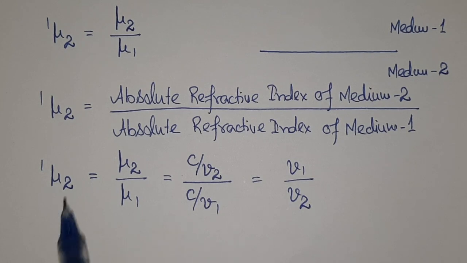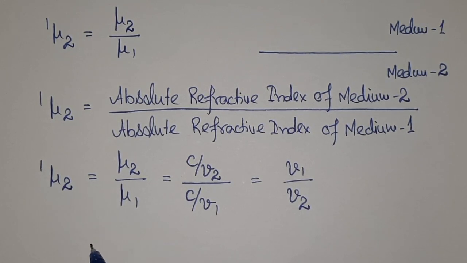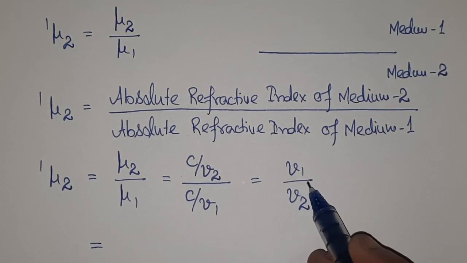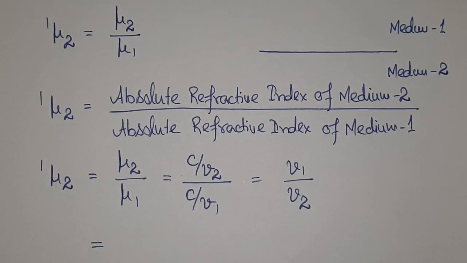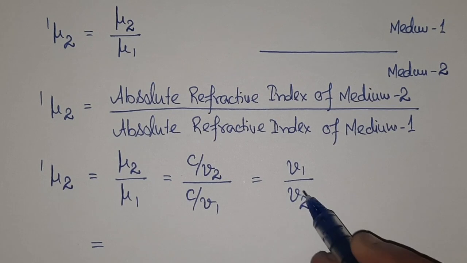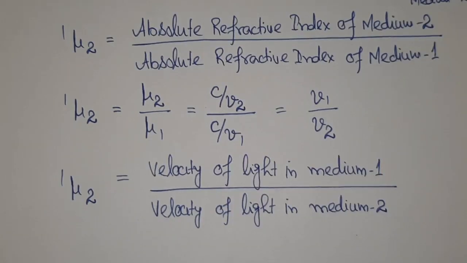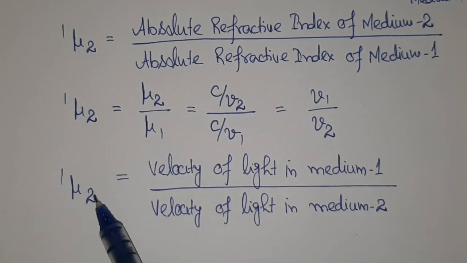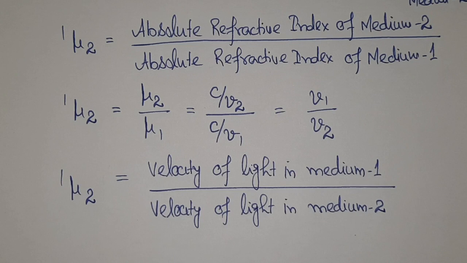So the refractive index of medium 2 with respect to medium 1 is the ratio of velocities, that is velocity of light in medium 1 with respect to velocity of light in medium 2. So we write the relative refractive index in terms of the ratio of velocities like this.